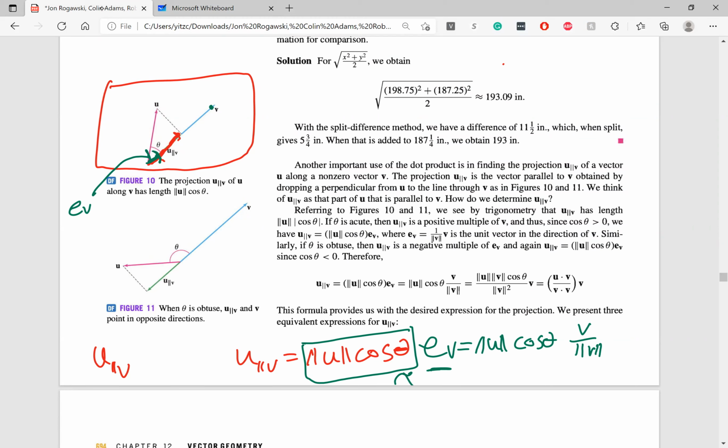Now we can add another magnitude of v squared to the bottom and cancel it by adding a magnitude of v on top. So that was this step. We can do that.